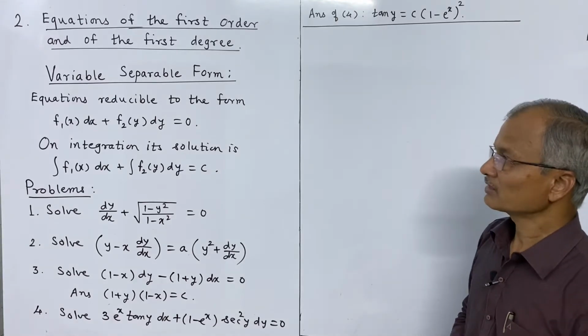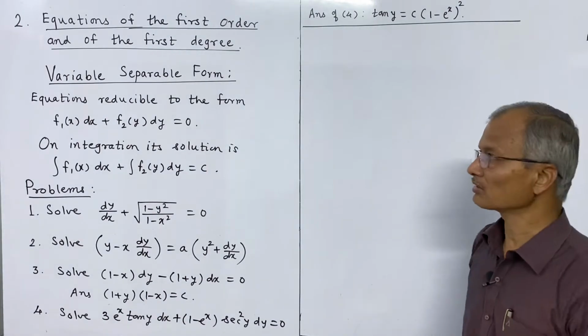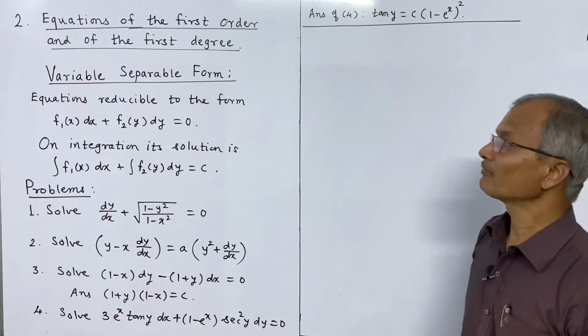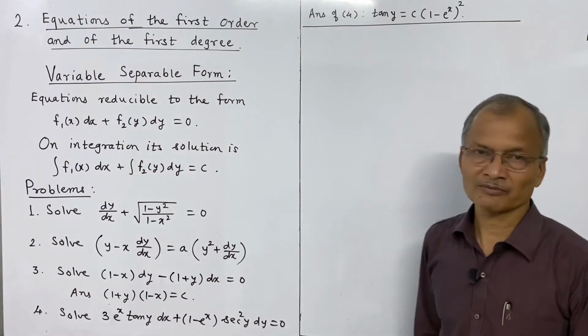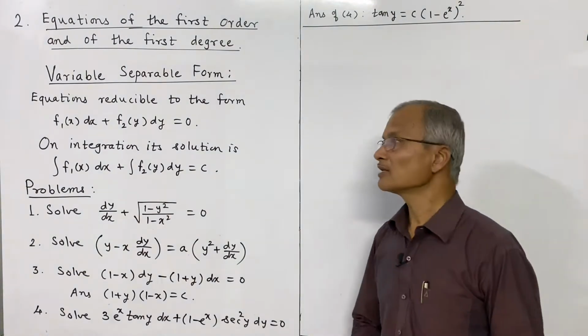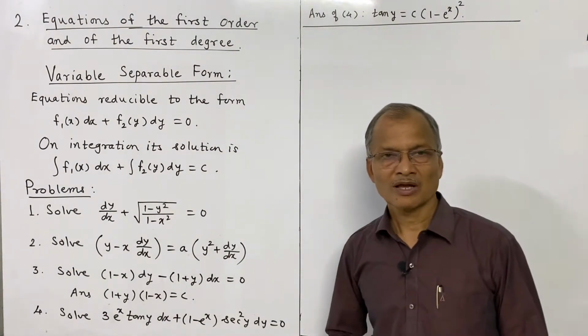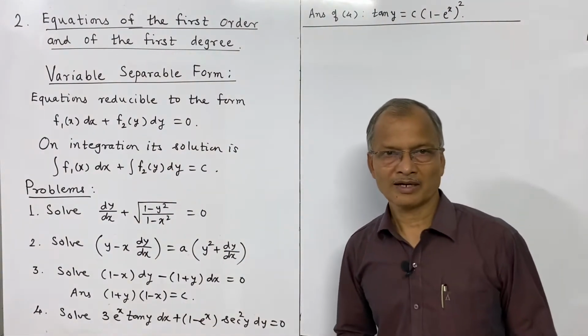But in this chapter we are studying simple equations of first order and first degree, and some standard forms we shall see: variable separable form, homogeneous equations, equations reducible to homogeneous form, and exact differential equations.